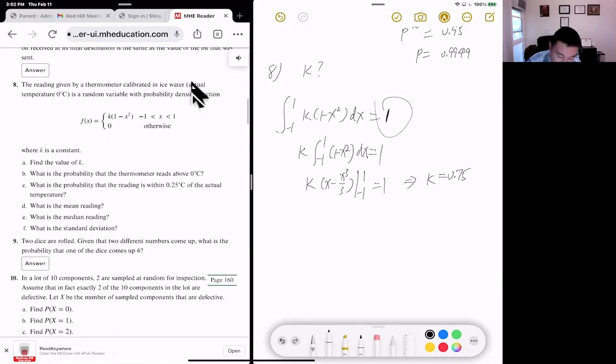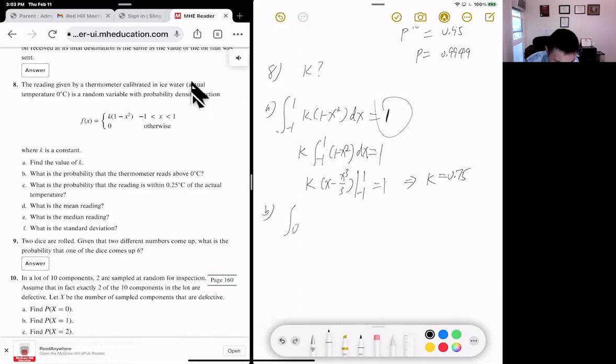So part B, that's A. Part B: what is the probability that the thermometer reads above 0 degrees? Okay, above 0 degrees.